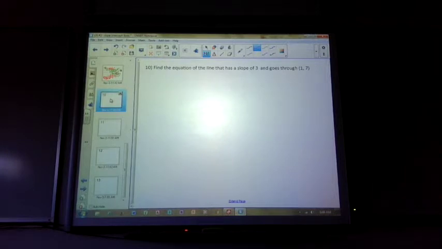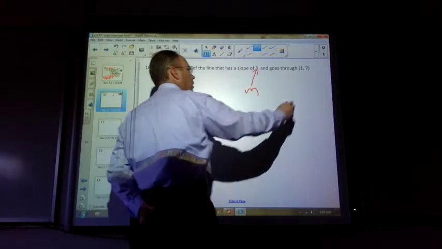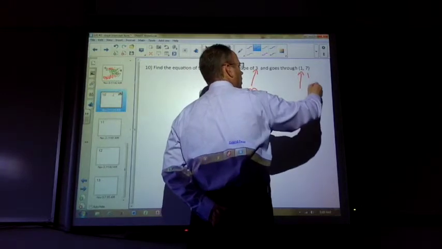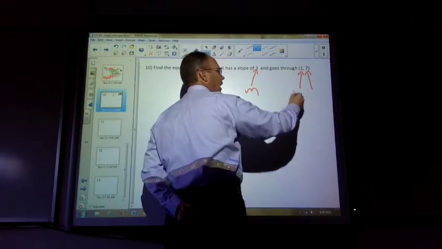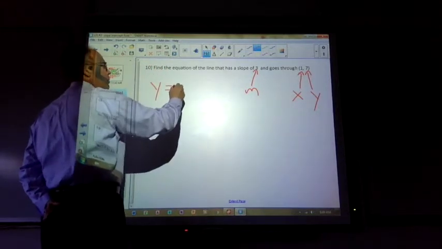All right, find the equation of a line that has a slope of 3 and goes through a point (1, 7). So slope is what letter? M. So that's m. What letters can I use here? X and y. And I know y equals mx plus b.